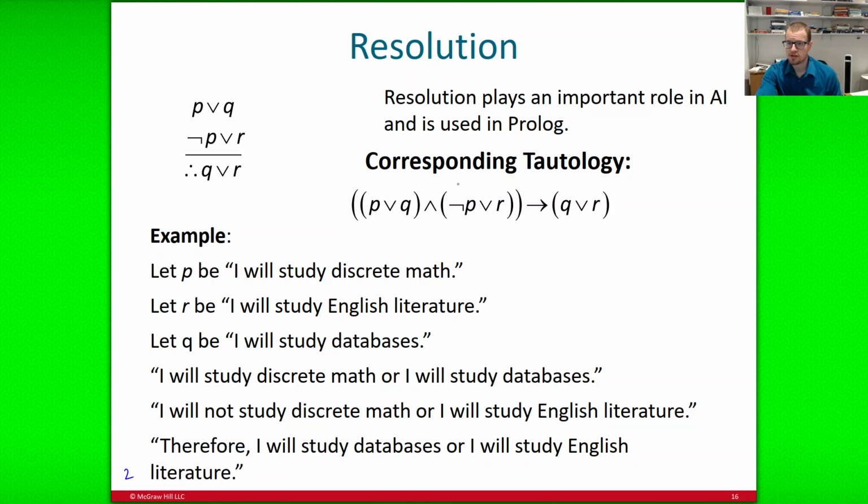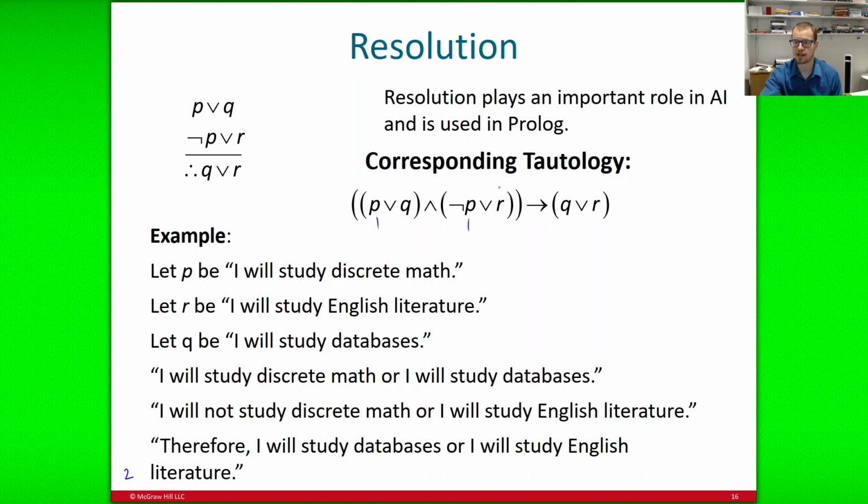So a resolution here, P or Q is true and not P or R is true. Then we have that Q or R is true. How can we think of this one here? So P or Q and then not P or R. So P and not P can't both be true.